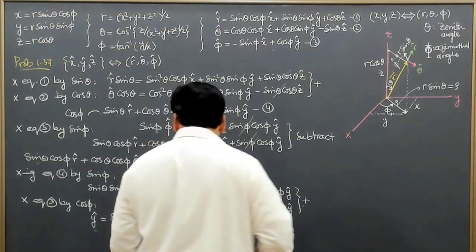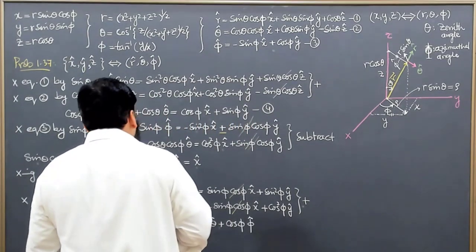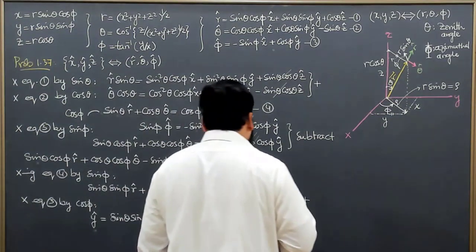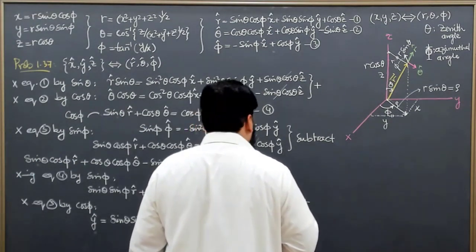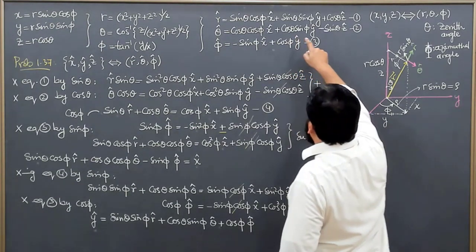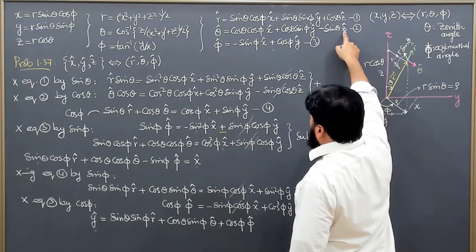Similarly, in order to find the z unit vector in terms of r, theta and phi, if I look at this result, here I want to keep the z unit vector.